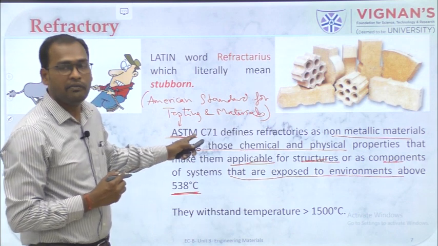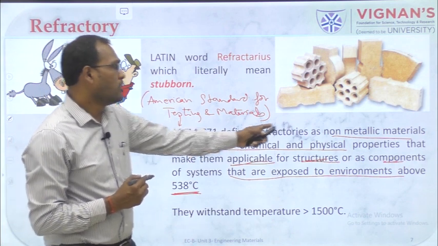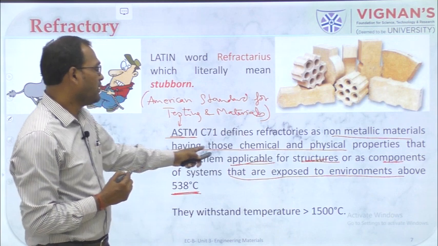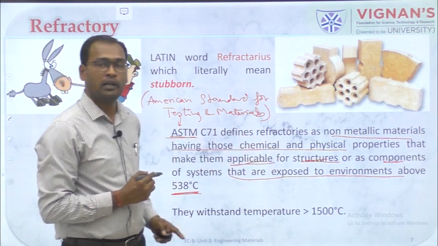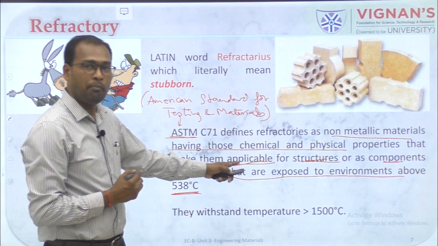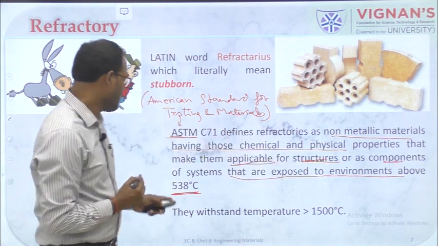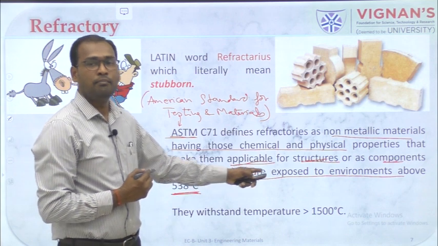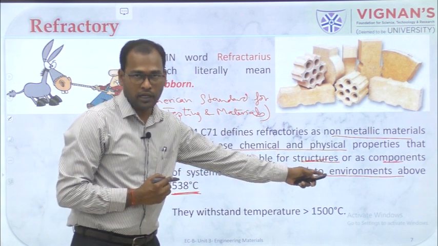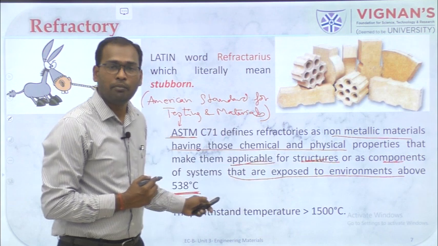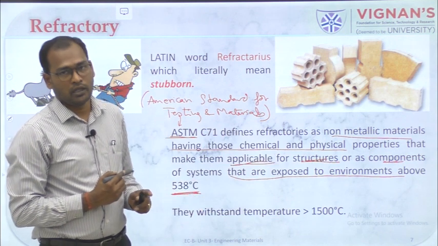So ASTM defines refractories as non-metallic materials having chemical and physical properties that make them applicable for making structures and components of systems which can be exposed to harsh environmental conditions, for example above 538 degrees Celsius.